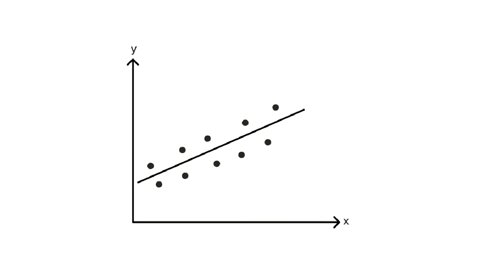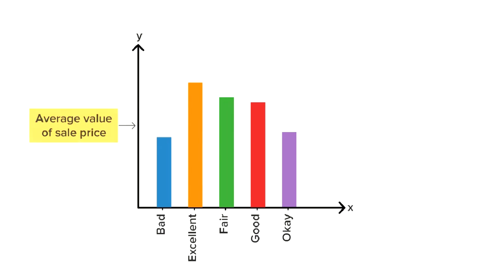For visual representation, we cannot use the scatter plot as we did for numerical variables, since for a scatter plot both the variables, say x and y, need to be numerical, but we can look at the average value of sale price across different levels of a categorical variable in the form of a bar chart.